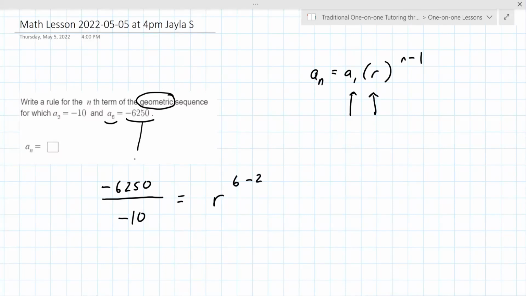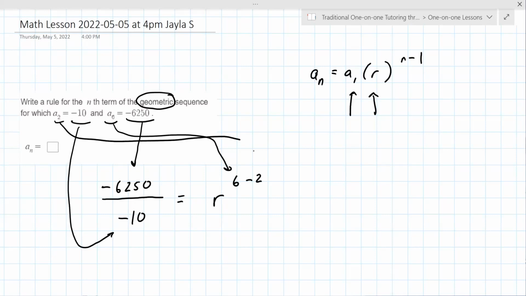Try to focus on where the numbers came from so you can map them in. You see that the 6 came from there and the 2 came from there. So what this produces is 625 equals R to the power of 4.